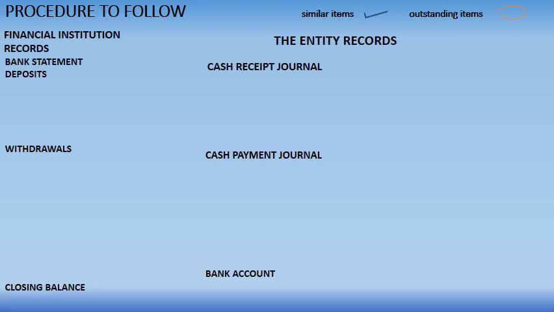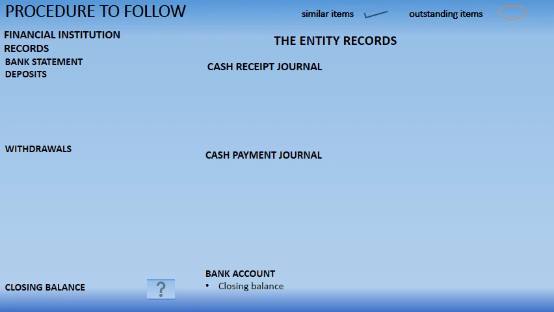The reason for reconciliation is the fact that the closing balance in the bank account of the entity, more often than not, is different from the closing balance of the bank statement. To perform a reconciliation, the entries on the bank statement should be compared with the entries in the entity's records, and the entries will be compared as follows.